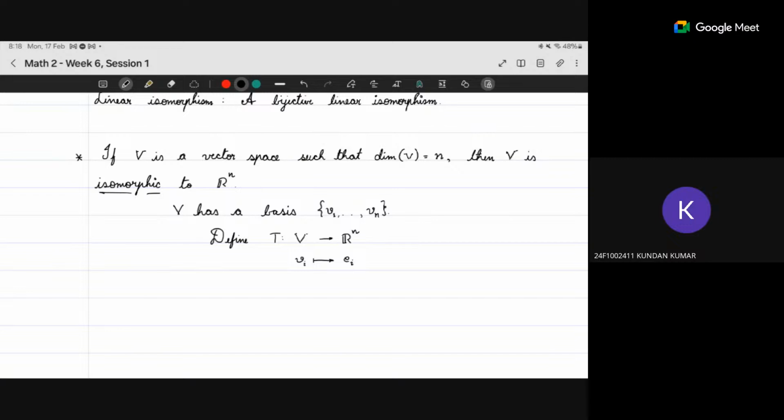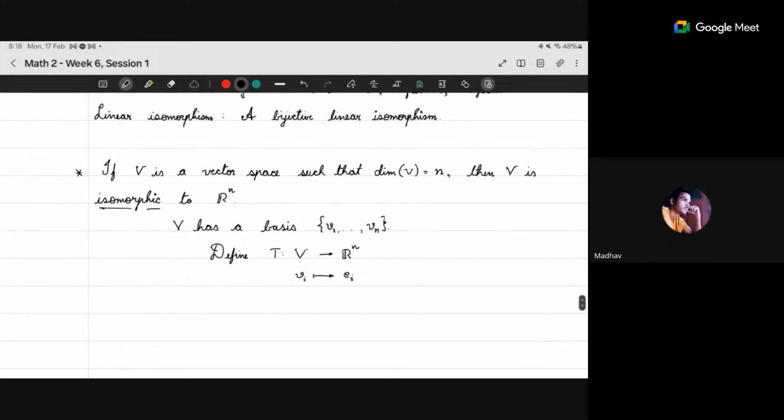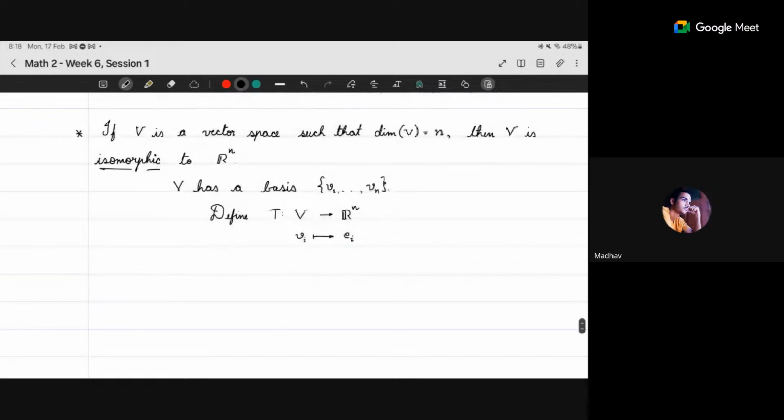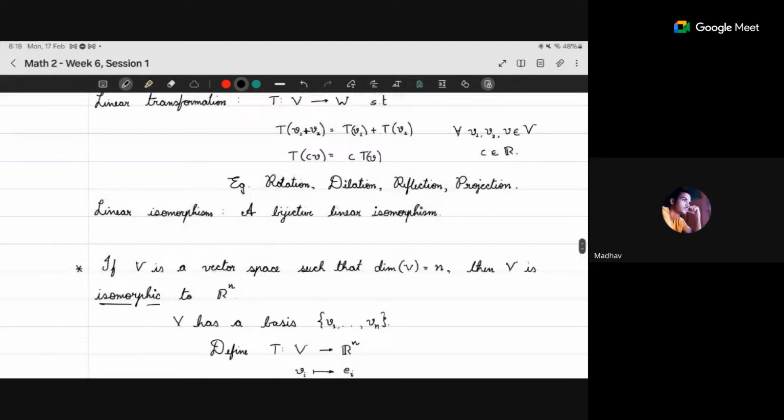So if I specify a map between two vector spaces only by giving the image of a particular set of basis vectors, then it automatically determines the entire linear transformation. This is yet another advantage of working with linear spaces: you can describe a map between two spaces with infinitely many elements using only finitely many elements.